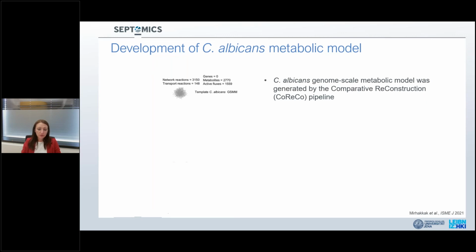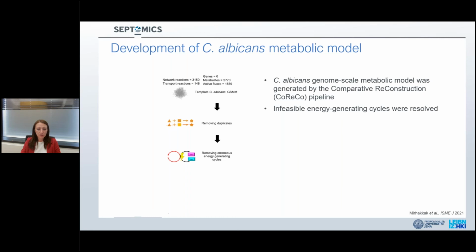And this initial model comprised 3,298 reactions, of which 3,150 were network and 148 were transport reactions. And this also represented 2,770 metabolites.